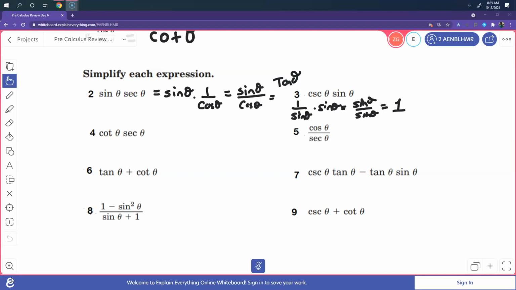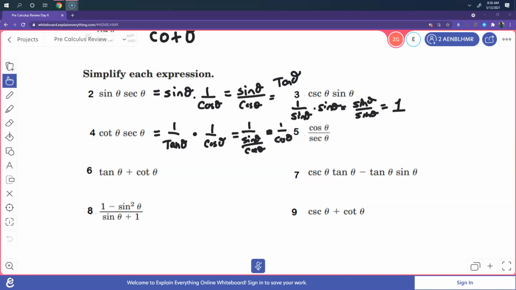Number 4, we have cotangent theta, which is equal to 1 over tangent theta, times secant theta, which is 1 over cosine theta. So tangent theta is sine theta over cosine theta.